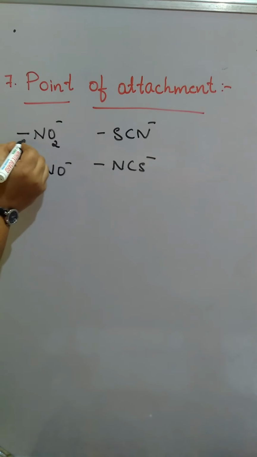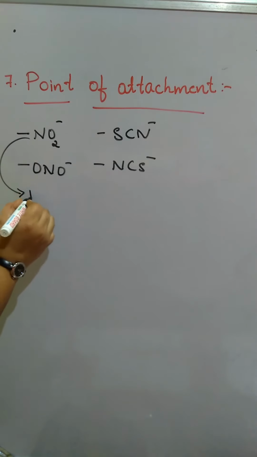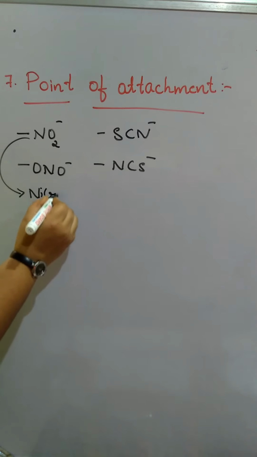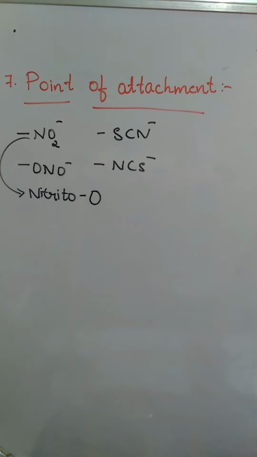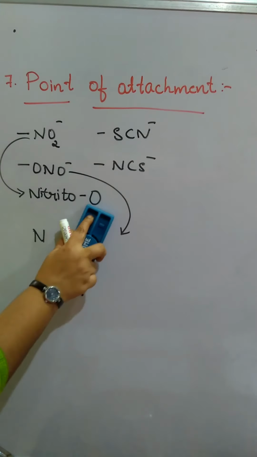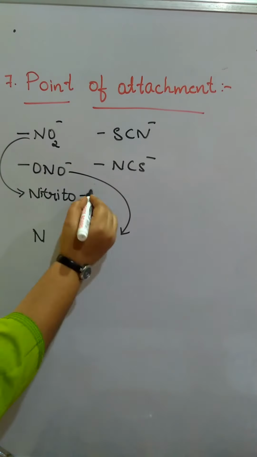So if it is nitro, the name of this one will be nitrito-O. This is nitrito-N, this is nitrito-N, and this is nitrito-O, where the point of attachment is indicated.